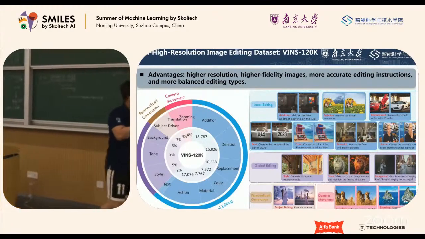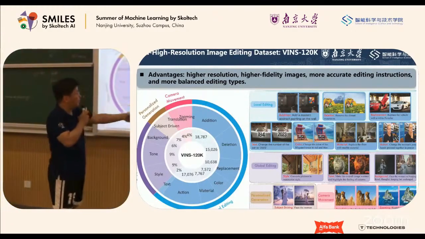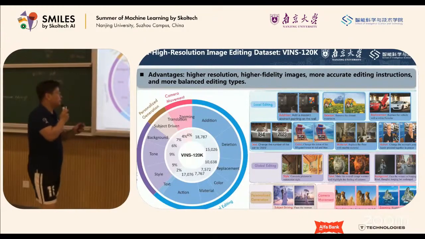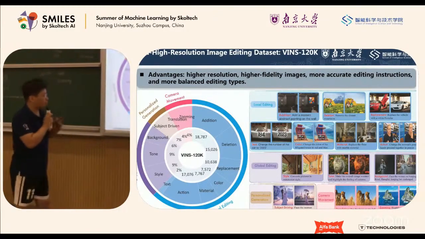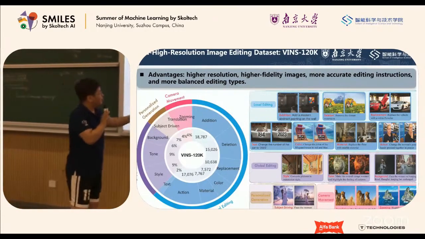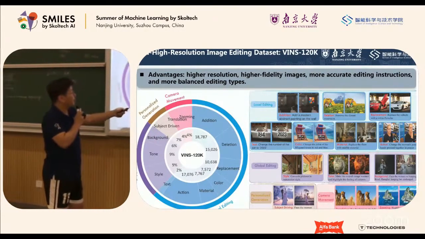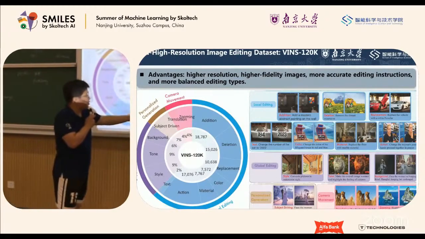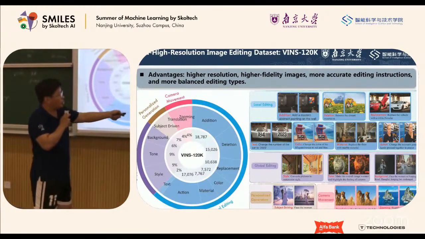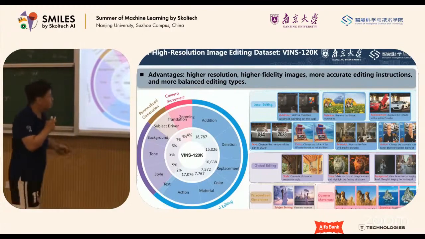Here are some examples. These examples are all 4K resolution. Here are the local editing like addition, deletion, and replacement, for example replace the text from 184 to 2023, change the color, change the material, and change the action of the woman.